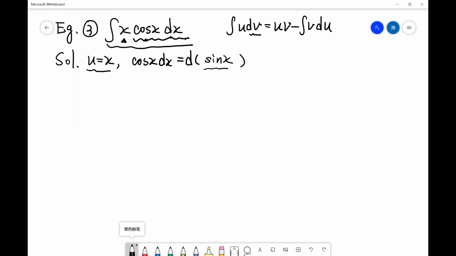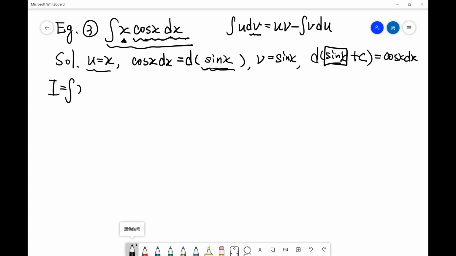That is enough to use the formula for integration by parts, because actually d(sine x plus c) equals cosine x dx. We have discussed it. So v should be sine x, and we can rewrite it as x d sine x.